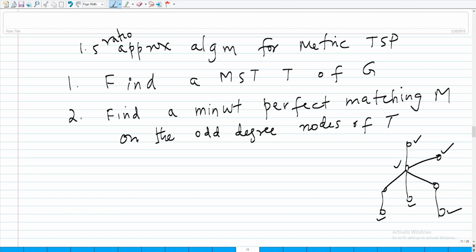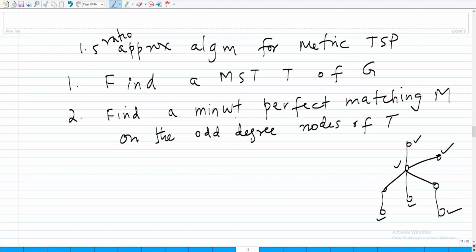Among all the perfect matchings, I am saying find the minimum weight perfect matching. Now, this requires some work, but this can be done again using some flows and some more work. So, this is a black box, we have not done it, but it can be done in polynomial time. Given a weighted complete graph, you can find a minimum weight perfect matching in polynomial time.